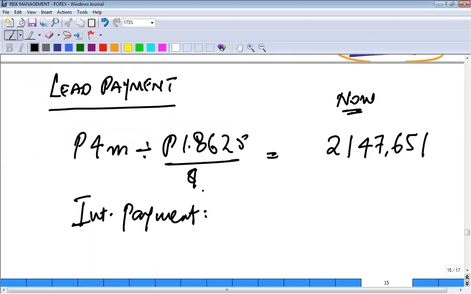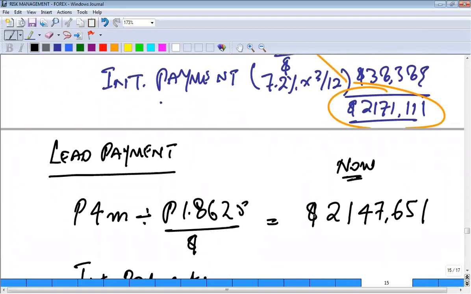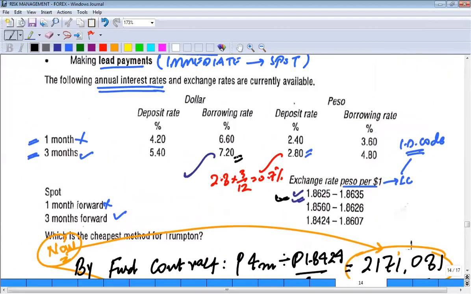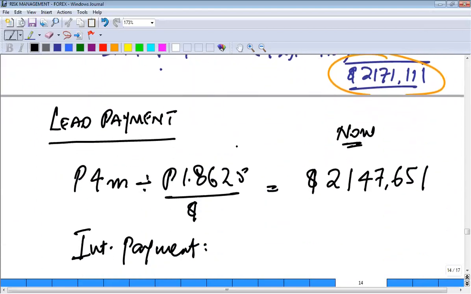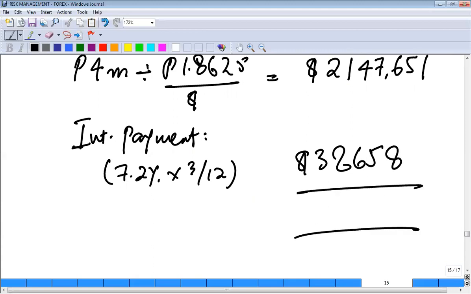We will assume the amount we take on loan carries interest payments on local currency, 7.2% for 3 months. 2,147,651 into 7.2% into 3 divided by 12 is 38,658, and we add that to 2,147,651, that is 2,186,219.